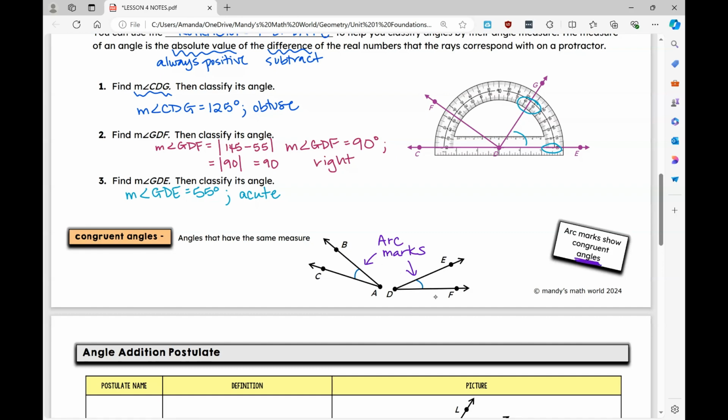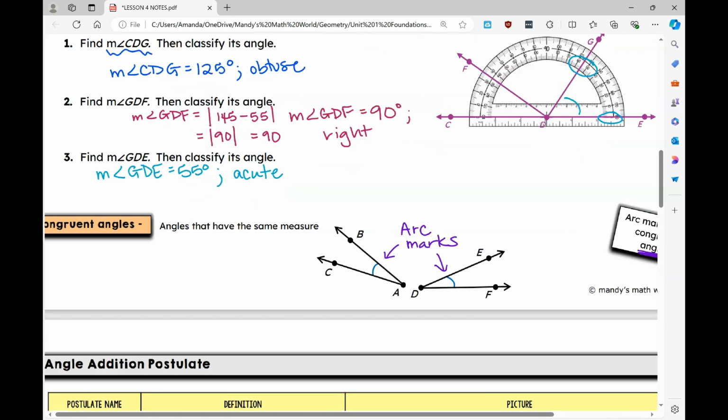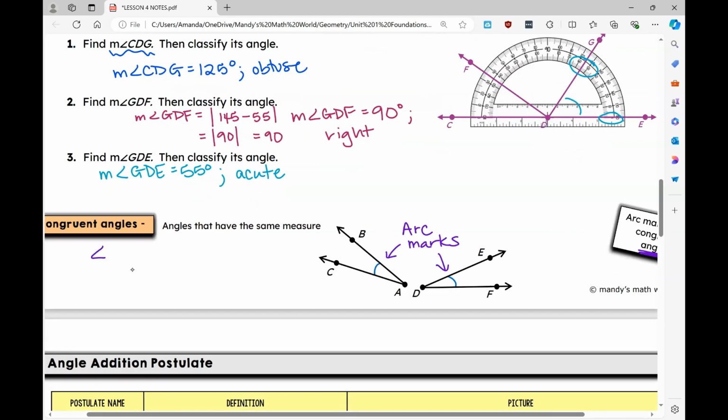So they have the same arc marks, which means that angle CAB, and I could call it BAC, but angle CAB is congruent to angle FDE. And because they're congruent, I can say their angle measures are the same. So watch how I write this. Angle CAB is congruent to angle FDE. Therefore, the measure of angle CAB is equal to the measure of angle FDE.